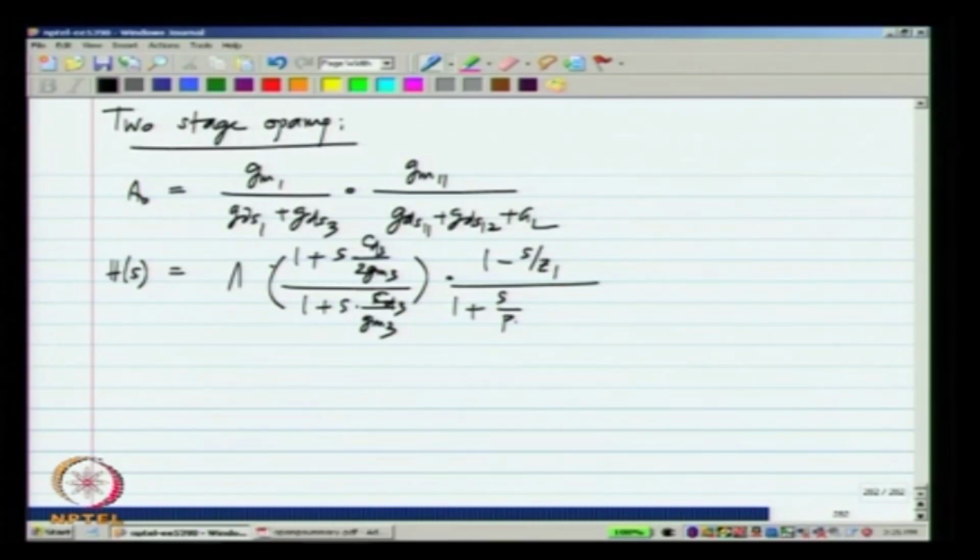This should be the DC gain A naught, the right half plane 0, and the dominant pole and the non-dominant pole. Now, these we have spent a lot of time evaluating. I am not going to write down the expression. The dominant pole appears at the output of the first stage and the non-dominant pole at the output of the second stage.